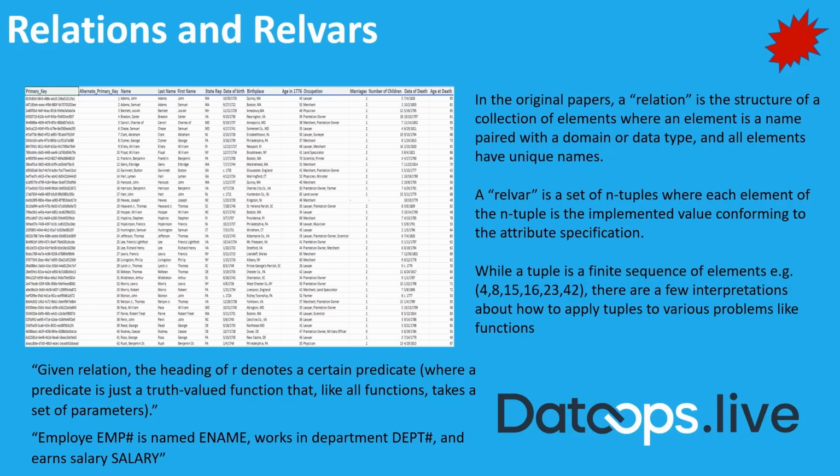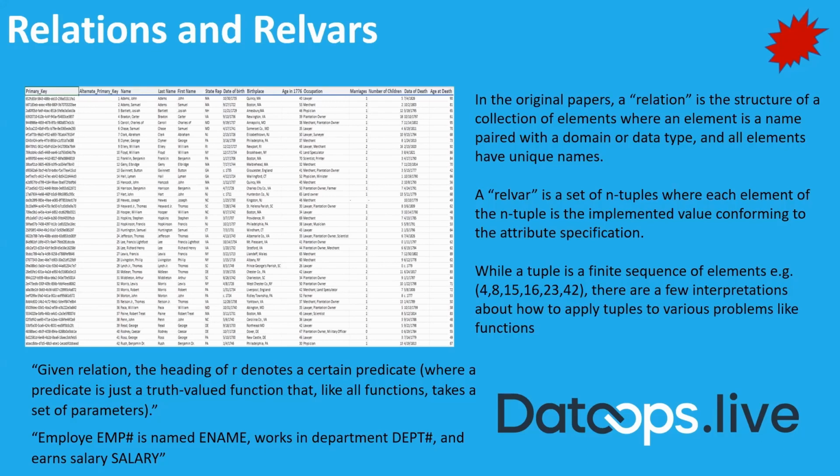A relation is a collection of elements where the element is a name paired with a domain or data type, and all elements have a unique name. That's the definition of a relation according to the original work. A Relvar, on the other hand, is an implementation of that. So you can think of a relation as the table structure, and a Relvar as a row. It's an implementation of the row.